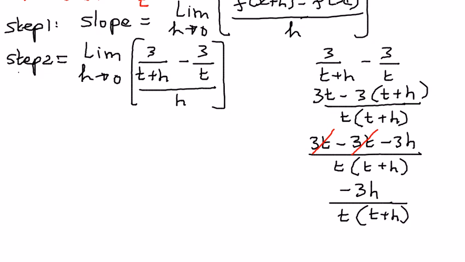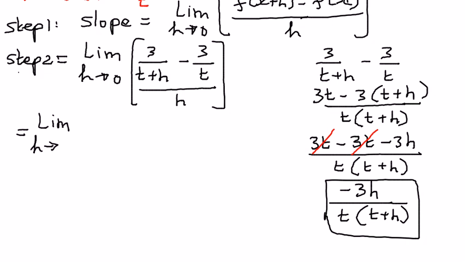So we're going to replace this 3 over t plus h minus 3 over t by this part of the equation. Therefore, we can rewrite this one as follows. Limit as h approaches 0, we can write the numerator part as negative 3h divided by t times t plus h, times the denominator.